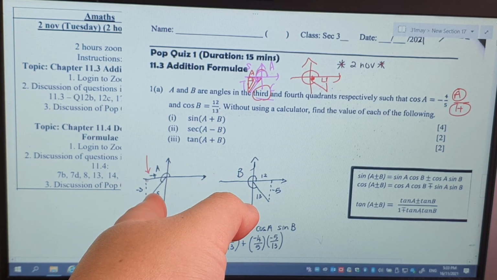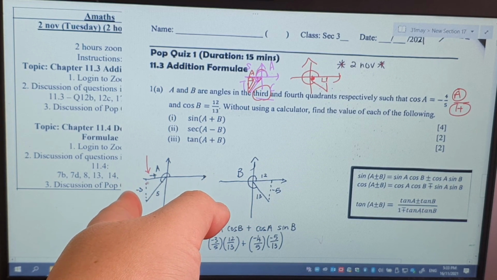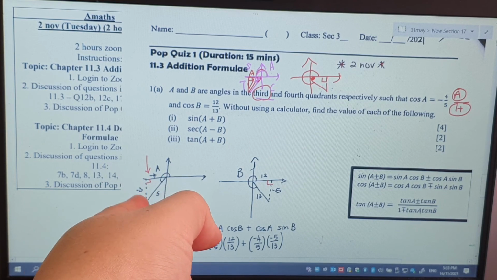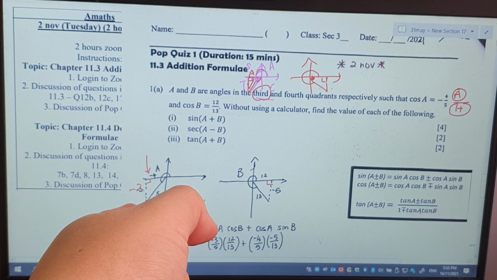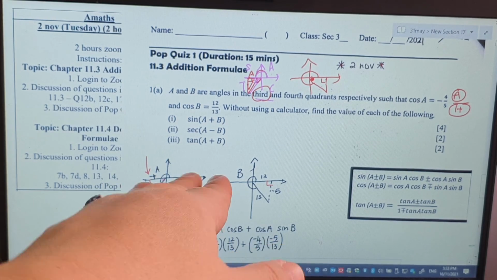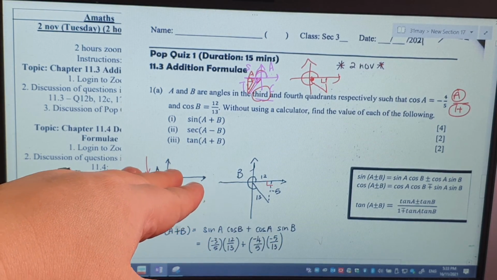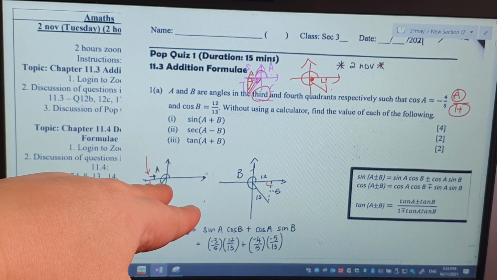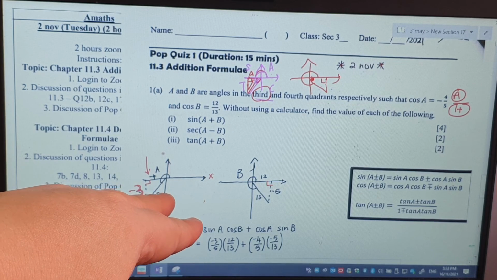Now using Pythagoras theorem, because it's a right angle triangle, you must label the right angle. You will be able to get 3 here. But this 3, you have to label as -3. Why -3? Because you are below the x-axis.